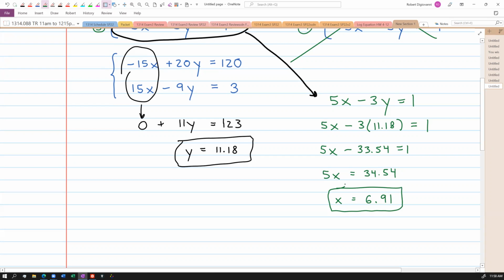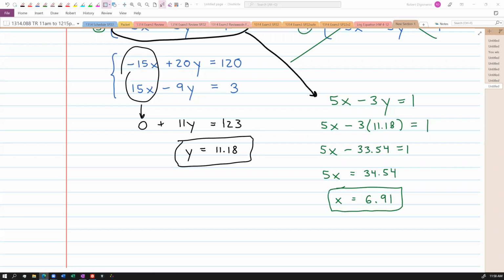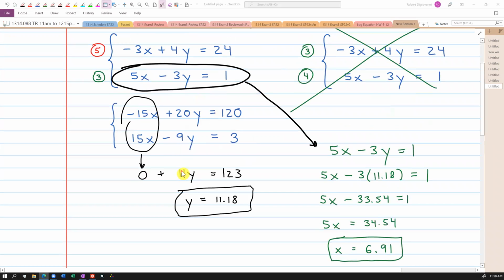I still like elimination on this one. I'm going to check this by graphing the two. I'll leave that up there. Graph this up here. Okay, so we have the first equation, minus 3x plus 4y equals 24.